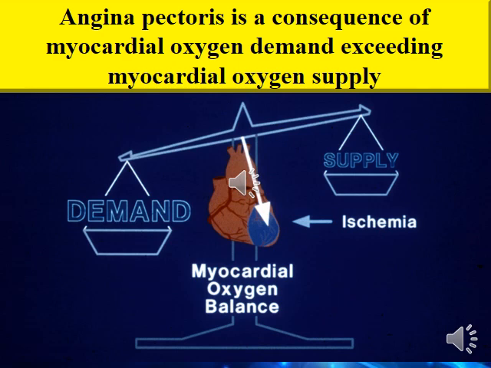In classic angina, the imbalance occurs when the myocardial oxygen requirement increases, as during exercise, and coronary blood flow does not increase proportionately.